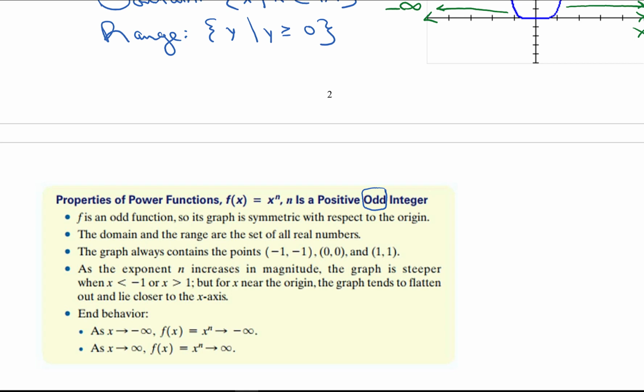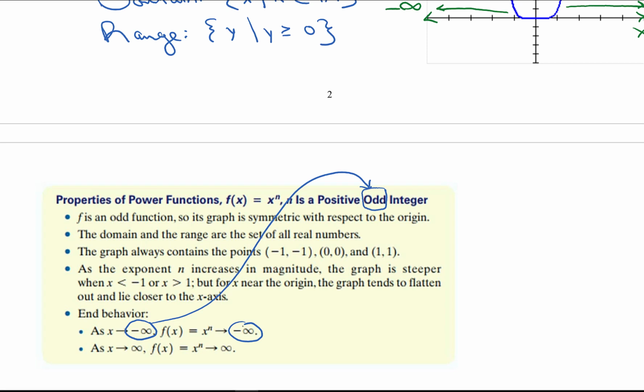As x approaches negative infinity, f of x, which is equal to x to the nth power, approaches negative infinity. This time, when you take a negative number and raise it to an odd power, you're going to get a negative number. And as x approaches infinity, f of x is going to approach infinity as well.